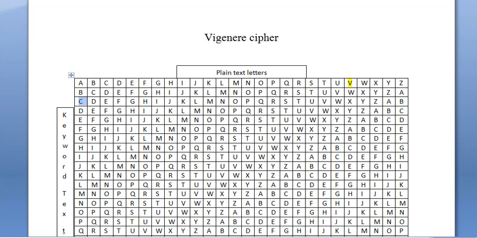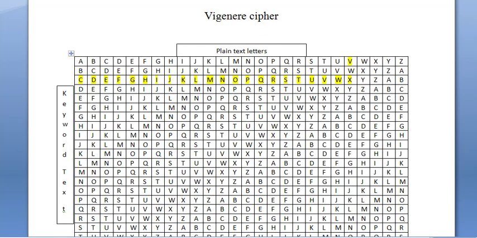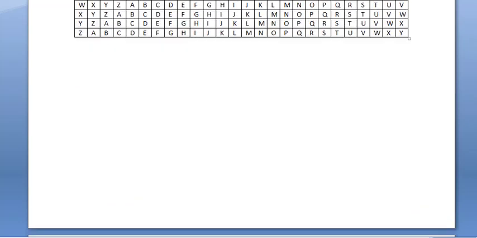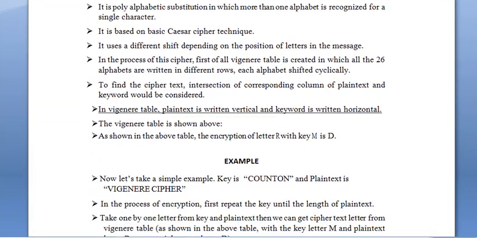C is our key, it is over here. Now where do V and C intersect? V and C are intersecting at X. So we write X in the ciphertext.